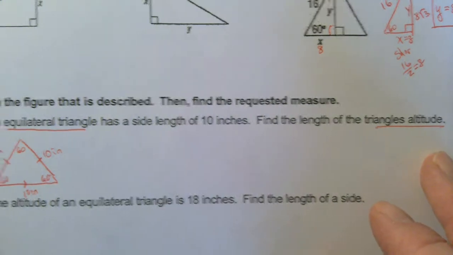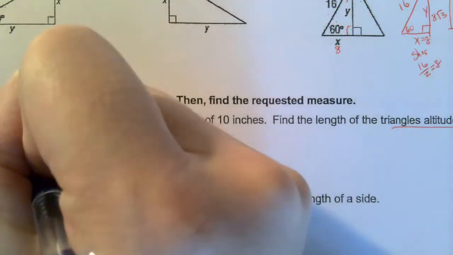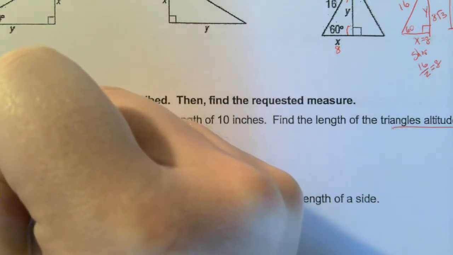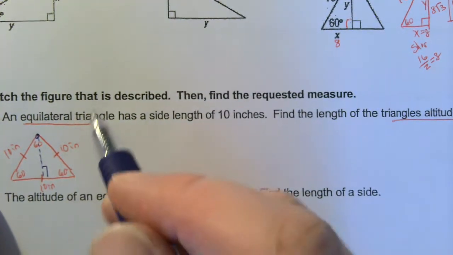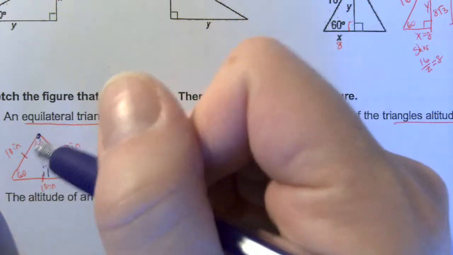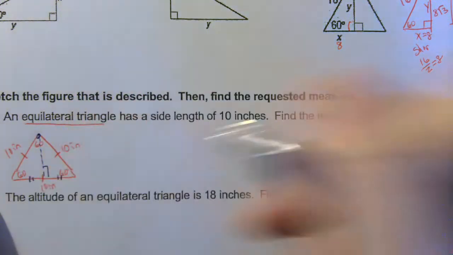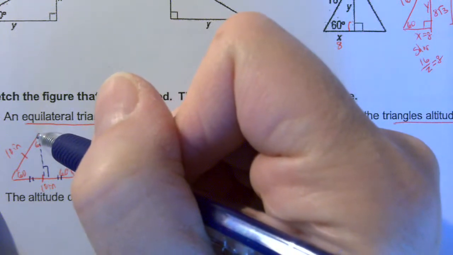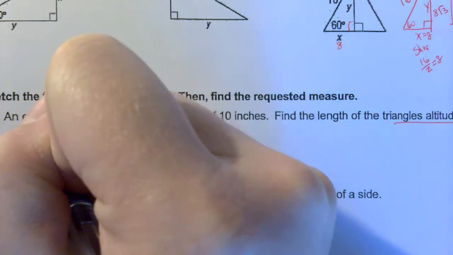Okay, altitude was the height from the top of the triangle vertex dropping to the other side. It's important this is an isosceles triangle or equilateral because when I drop this, it bisects it. So this is equal to this. This makes an angle bisector. So now this is 30 and this is 30.